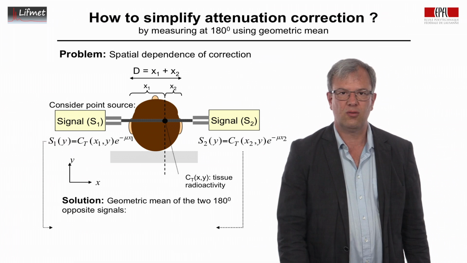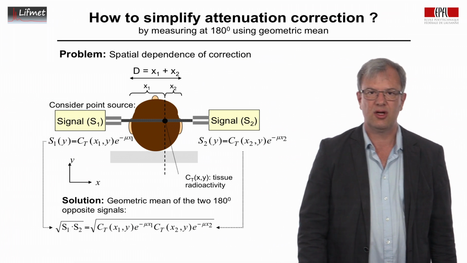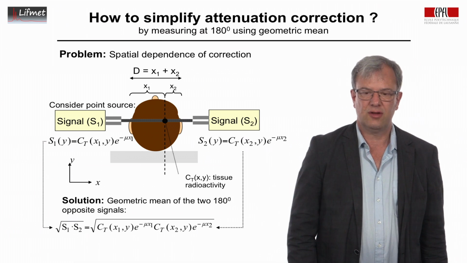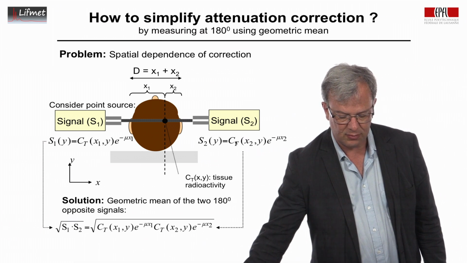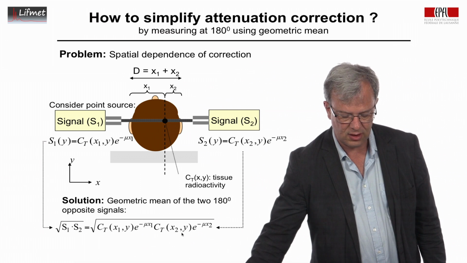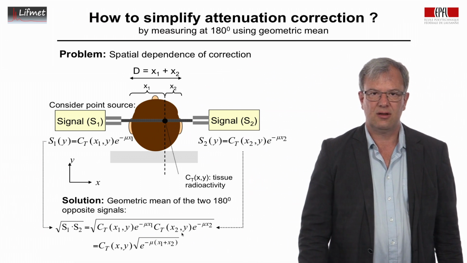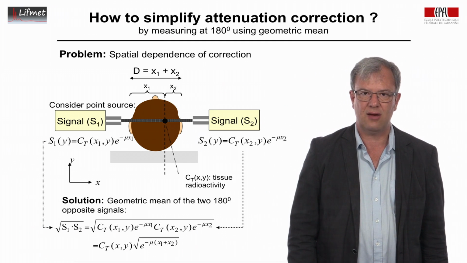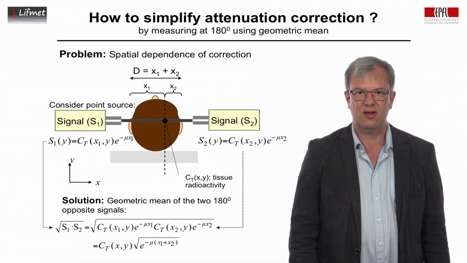We'll take signals S1 and S2, multiply them by each other, and take the square root. That's what we've done here. We take the expression on the left, multiplied by the expression on the right, and take the square root of that. The tissue radioactivity CT we can take out of the root because it is in there squared.